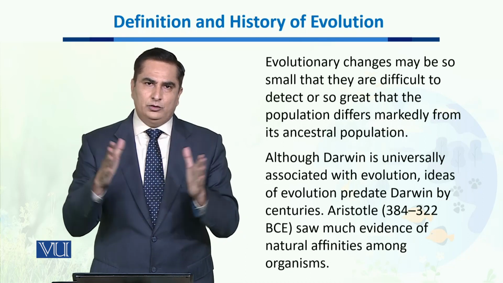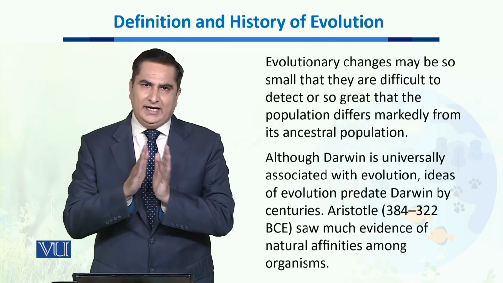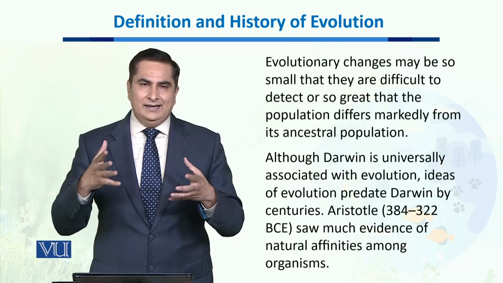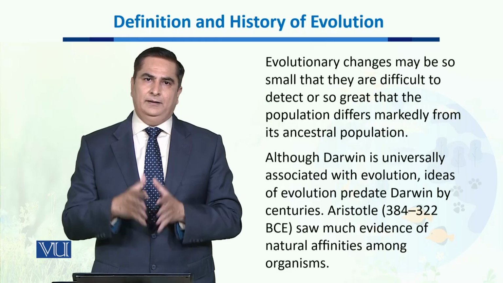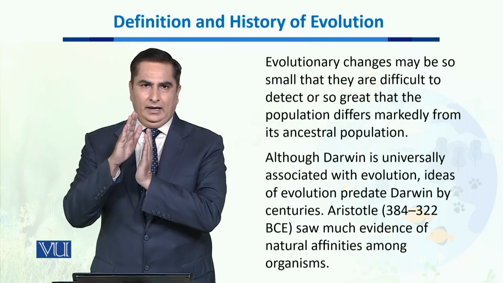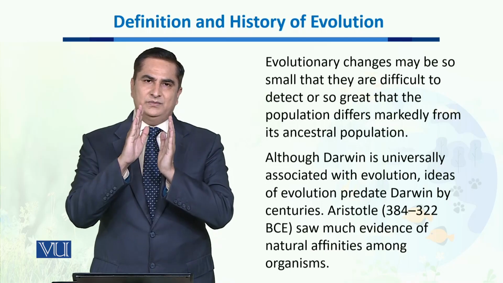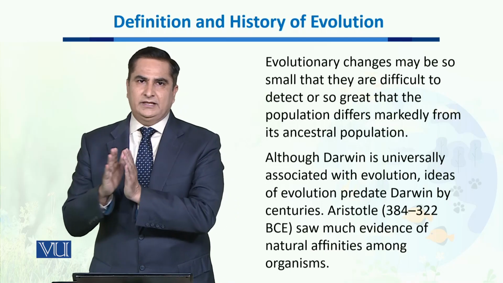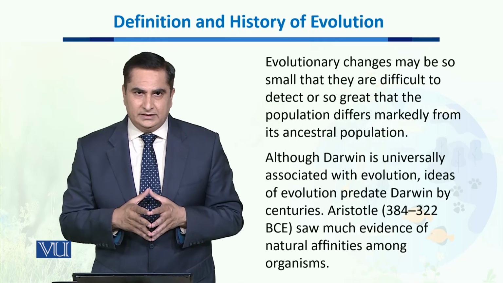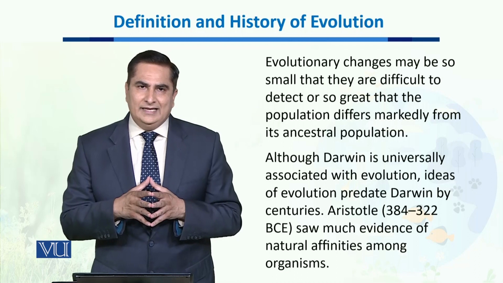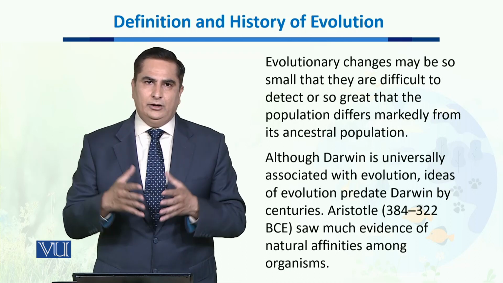So these evolutionary changes can be very drastic, or although they are not easily detectable, they are happening with the course of time, and a time comes when a new species arises which is quite different from its ancestral species. So this is all about evolution and the history of evolution.